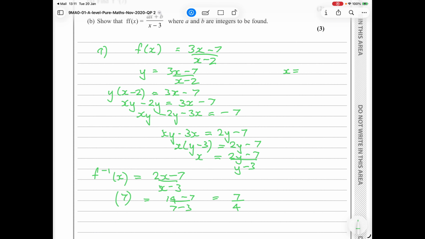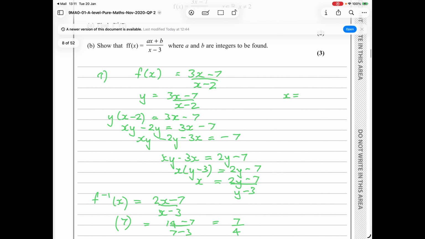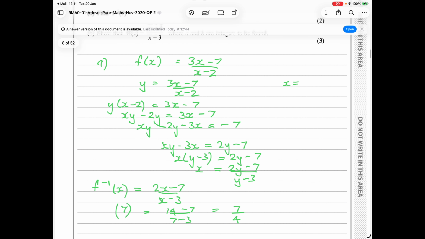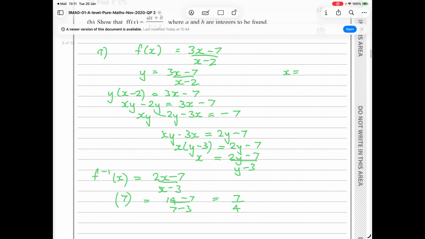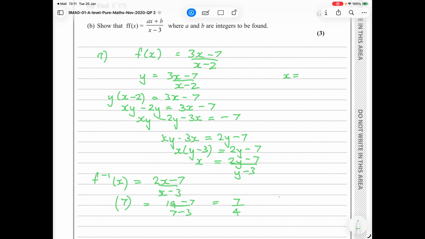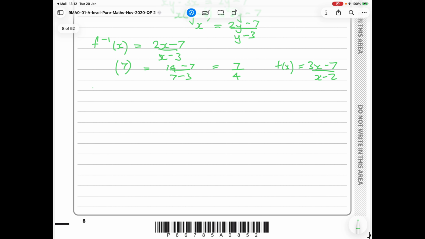Right, next question is f of f of x. So let's go back to what f of x equals. f of x equals 3x minus 7 over x minus 2. It's a lot of writing in functions.